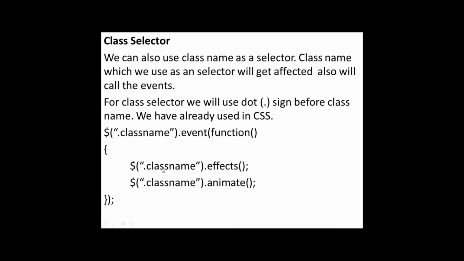We can use different classes for the event and effects or animation, or you can use the same class name for the same event and same effects or animation. So here also I define the class name. After that class name, define the effect, animation, or any CSS.